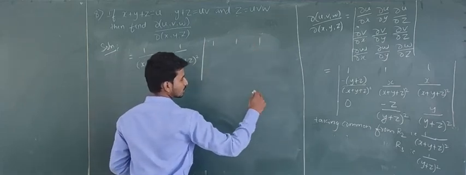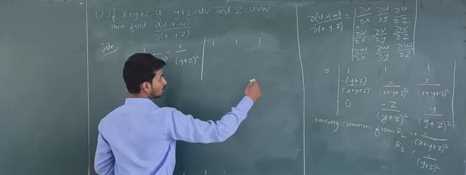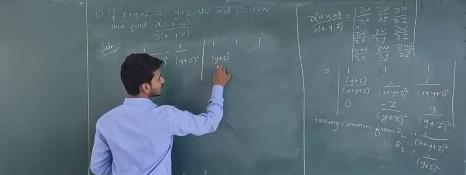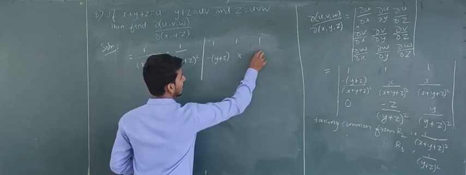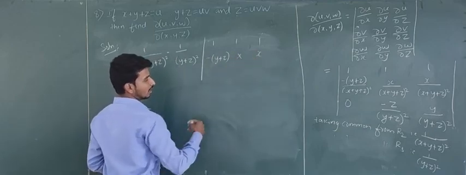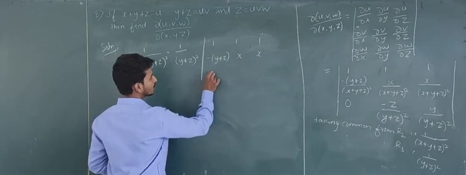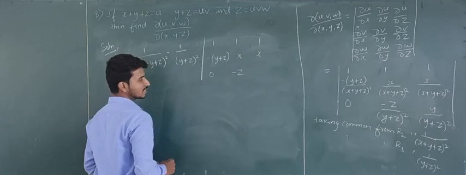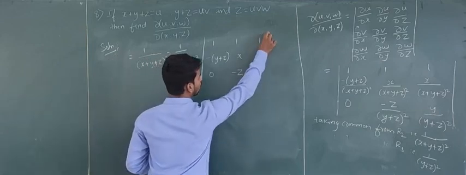In row 2, remaining terms are minus (y plus z), x, and here also x. In row 3, the first term is 0, the remaining terms are minus z and y.